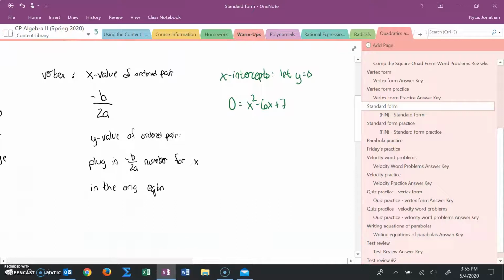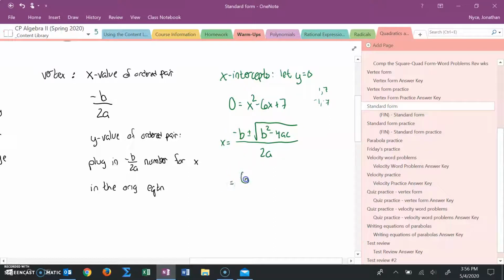We can solve this by factoring if it's factorable or by using the quadratic formula. In this case, I don't think it factors. Two numbers that multiply to 7 and add up to -6: 1 and 7, -1 and -7. None of them add up to -6. So if you use the quadratic formula, we know it's the opposite of b plus or minus the square root of b squared minus 4ac, all over 2a.